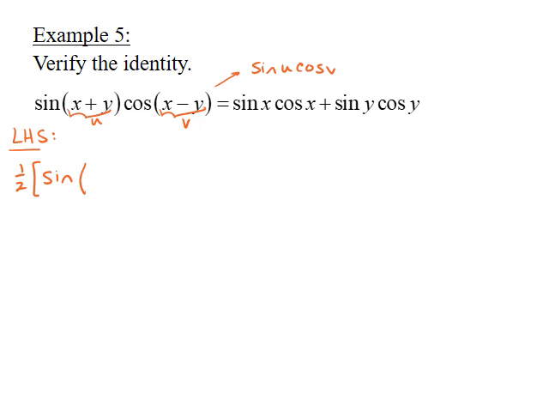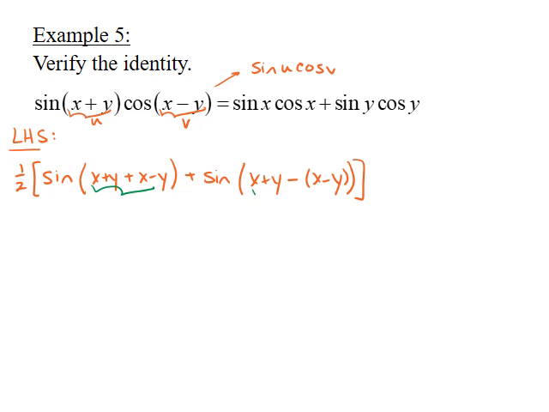So when I'm taking u plus v, I'm going to add these two arguments. So x plus y plus x minus y, plus sine of u minus v. So x plus y is u, minus v is x minus y.